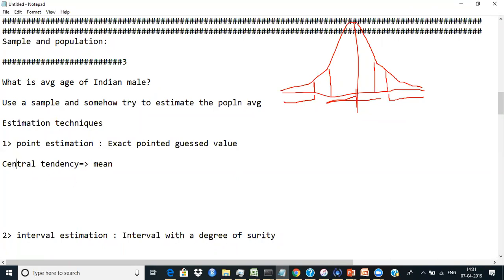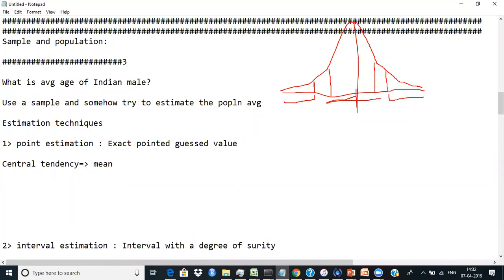Now, I talked about the fact that whenever we are trying to estimate central tendency, we will try to estimate mean. Now, if somebody asks how you can estimate the mean of the population using your sample, you can come up with different ideas, right? One can say that out of the sample that I've collected, I will choose a random value and use that as an estimate. One can say that, right?